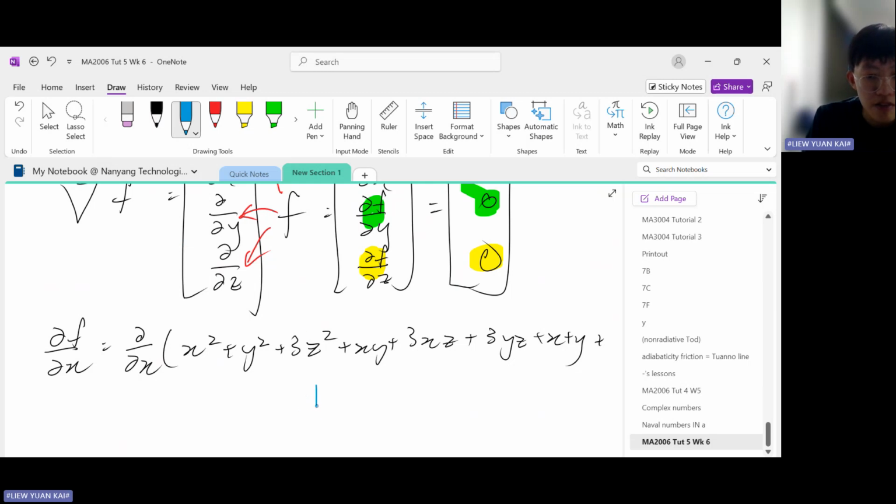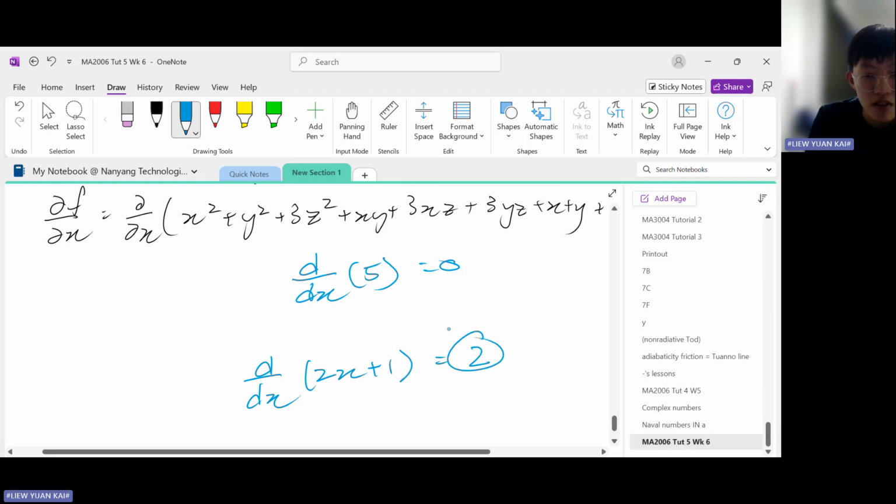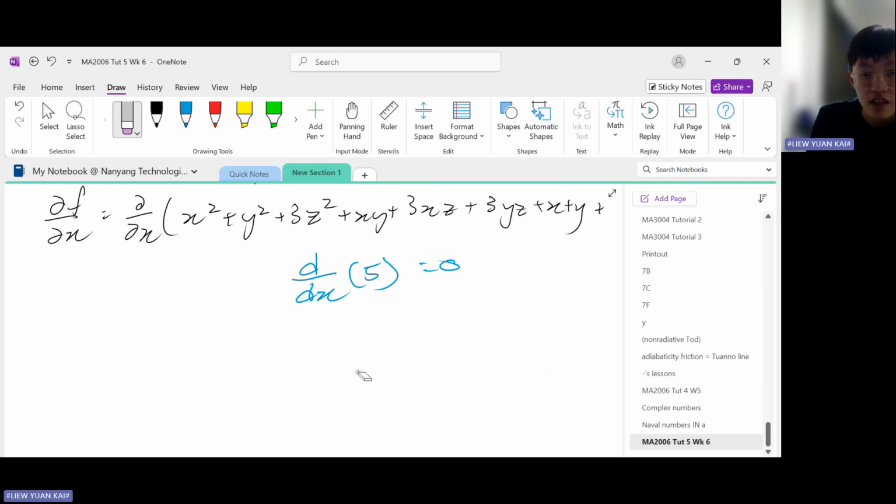For example, the derivative of 5 with respect to x is 0. Then d/dx of 2x plus 1 is equal to 2. This 2 comes from here, whereas differentiation of 1 is just 0. It becomes nothing. So remember, differentiation of a constant is 0.